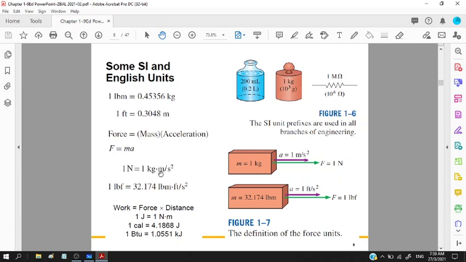So this is basically the fundamental or primary unit, and this Newton is the derived unit. In order to change all the units, what we must have is the conversion of those units that we want to convert. For example, this is the example of the conversion unit.